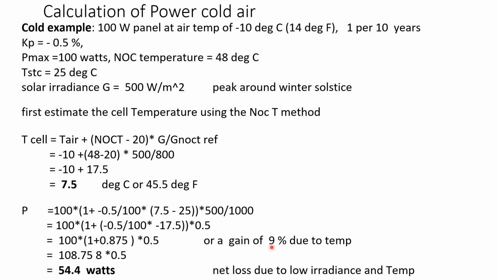Now what's interesting, I get a 9% gain due to temperature, but because the irradiance is half of what it is in the summer, I'm only going to harvest 54.4 watts out of the solar panel.